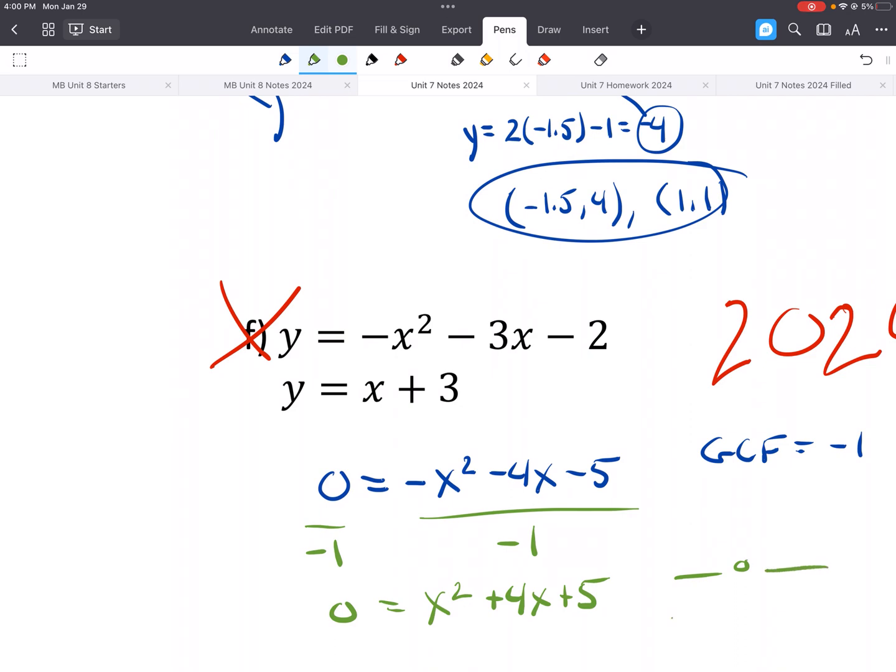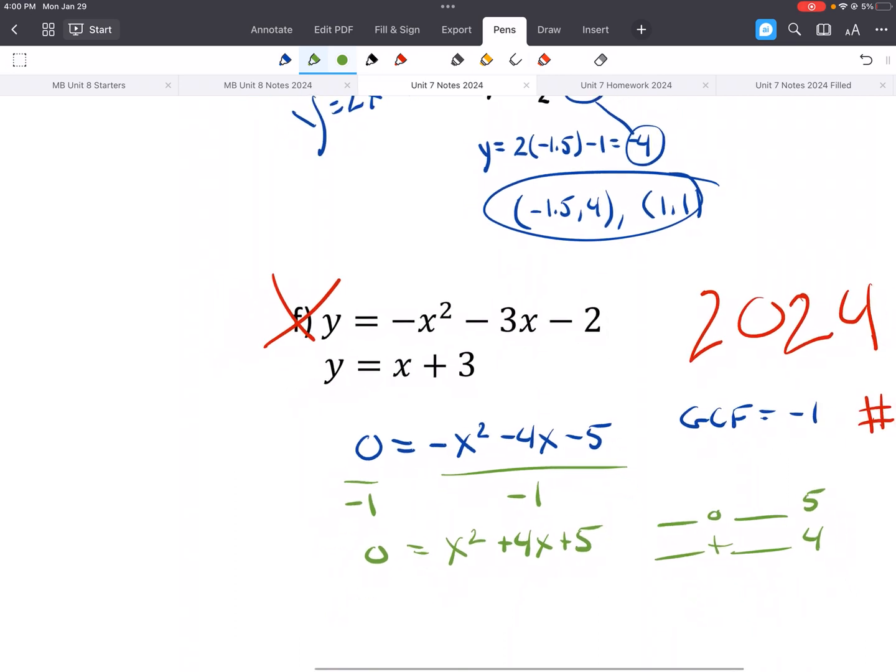But then when we get to the puzzle, it needs to multiply to 5 and add to 4. And there's nothing that can make that work. At least no nice numbers, no integers, whole numbers, okay?